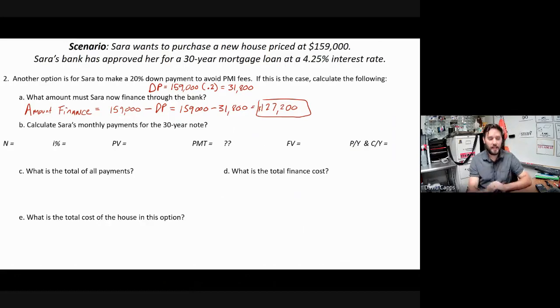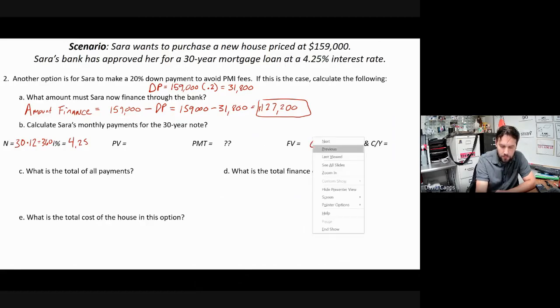And with that said, let's calculate her monthly payments now. We know the interest is at 4.25. She's going to be paying here a 30-year note times 12, which is 360. Her future value we want to be 0, and P over Y, C over Y is 12.